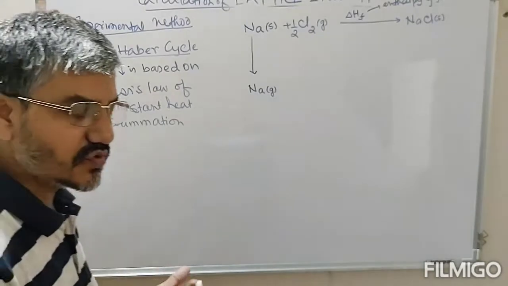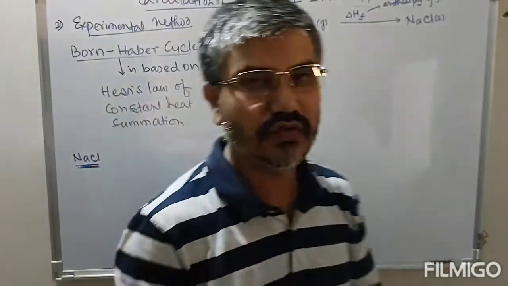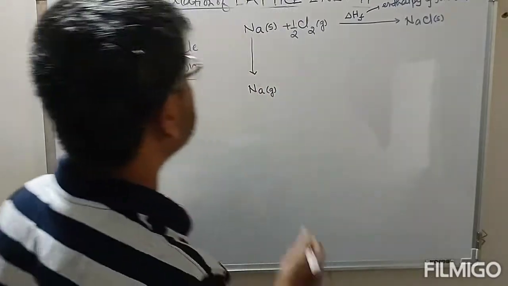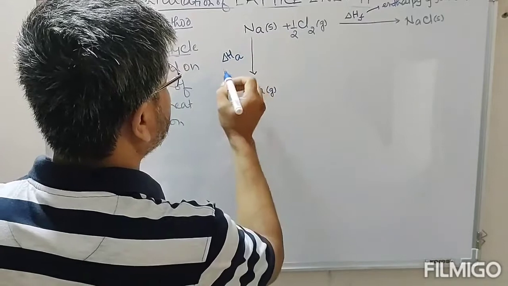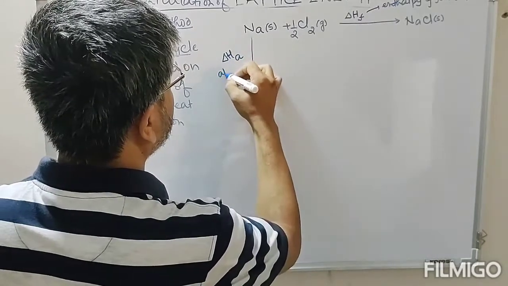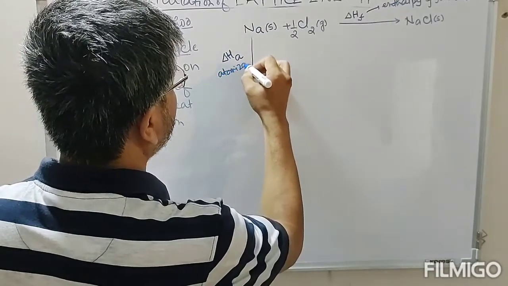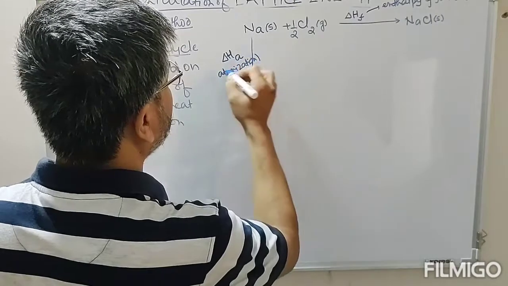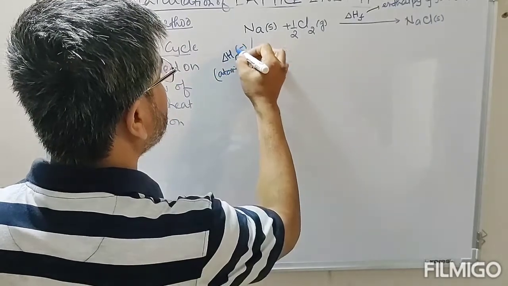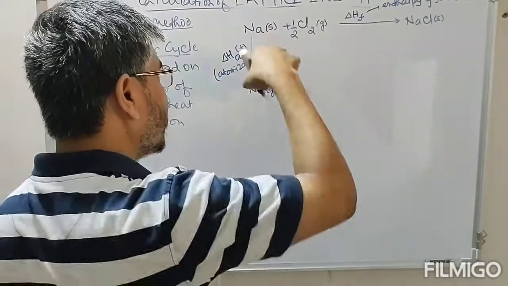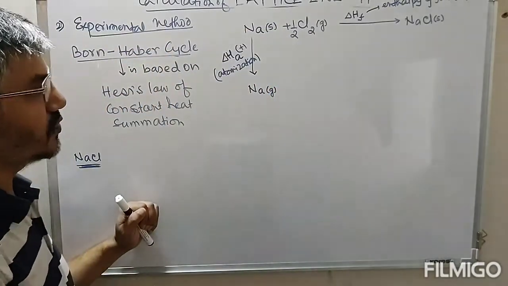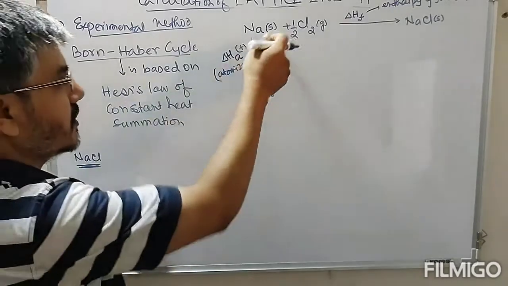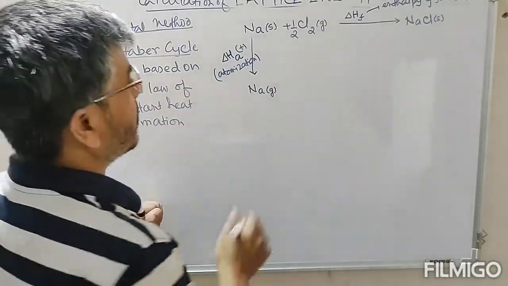For conversion from solid to gas, obviously we have to supply energy, and this energy is defined as enthalpy of atomization, because we are converting into atoms. This is always positive, meaning you have to supply energy, or we can say enthalpy of sublimation, sodium solid to sodium gas.